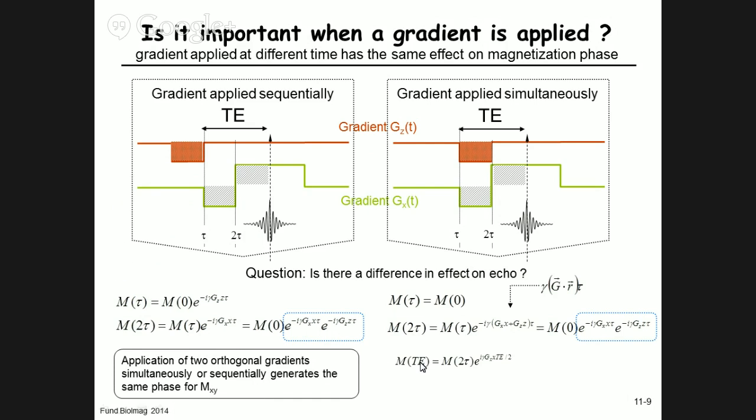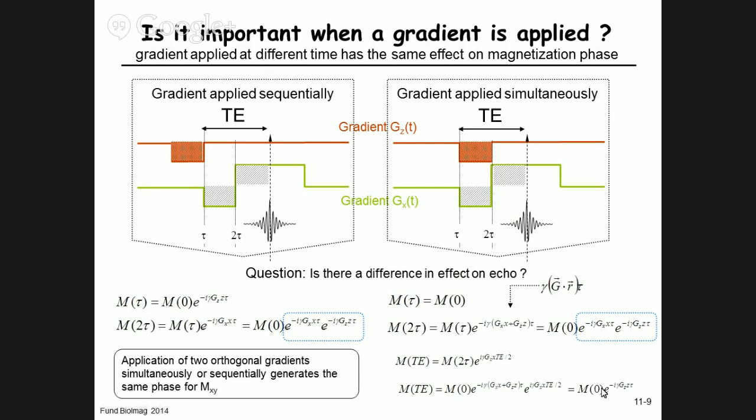Okay, so then we have the magnetization at TE is equal to the magnetization at 2 tau, times the effect here of the gradient after this time point. Or if we include all the terms, then we start out with the influence of these two gradients plus the evolution after here.